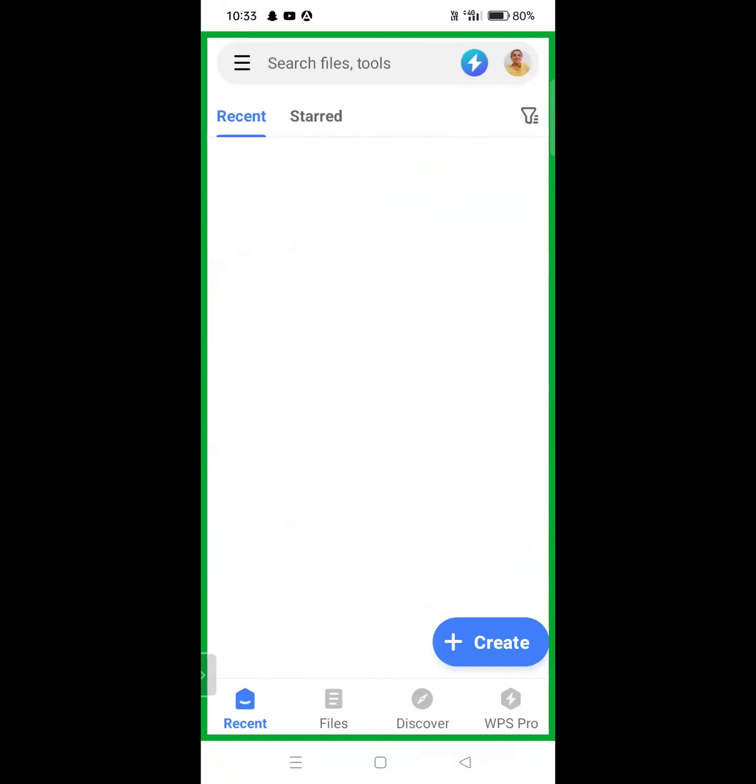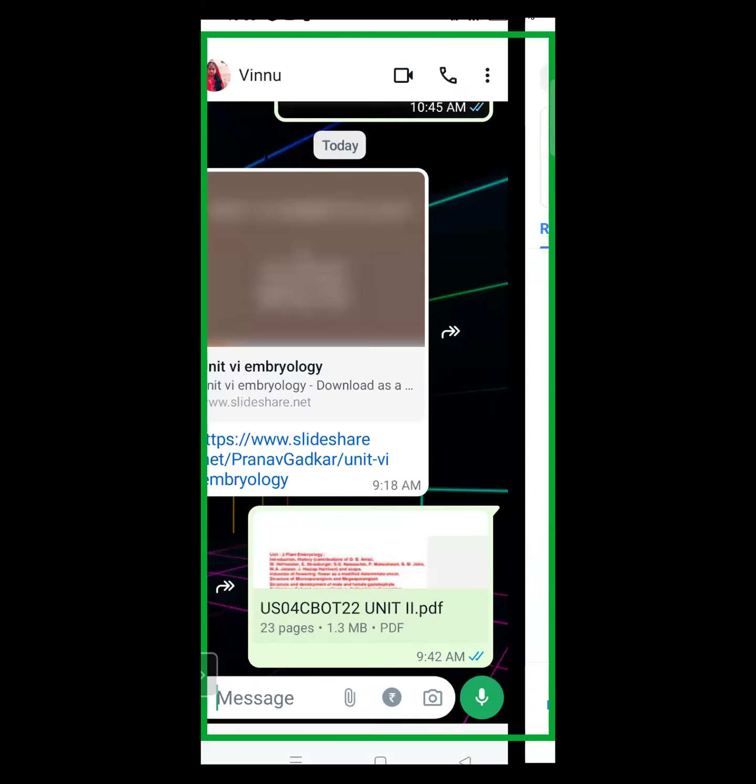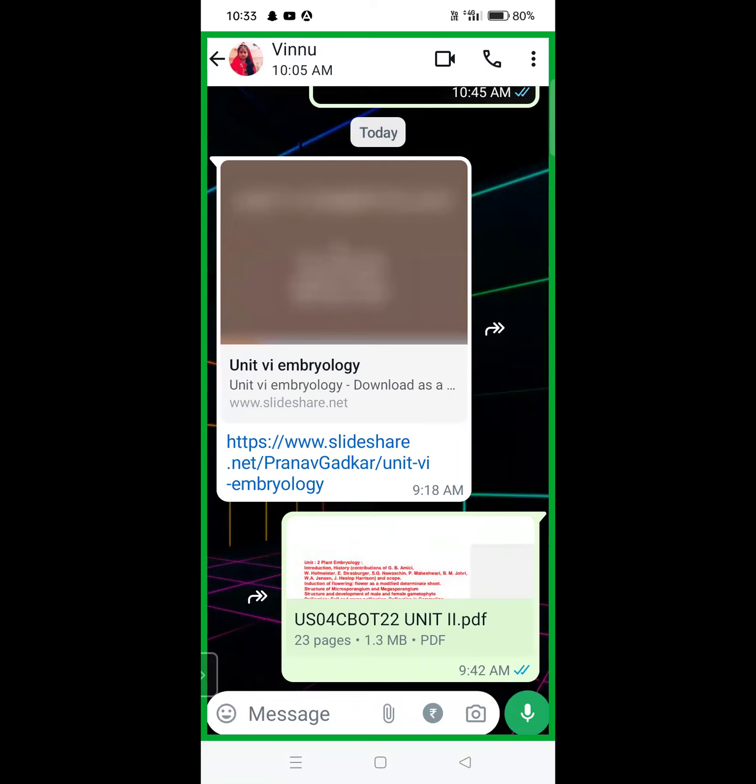Next, coming to the generative cell. The nucleus of the microspore divides mitotically to form a small generative cell and a large vegetative cell.